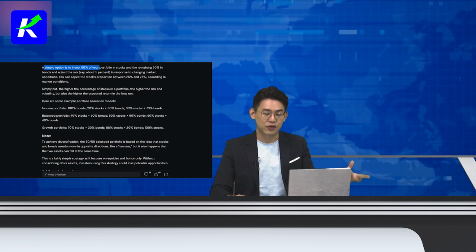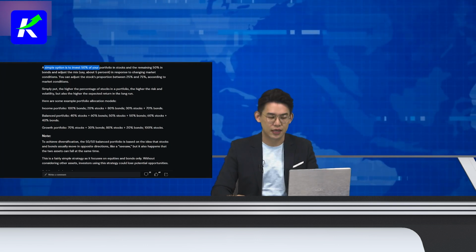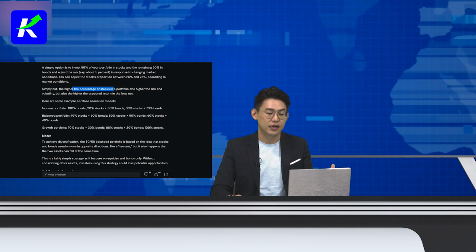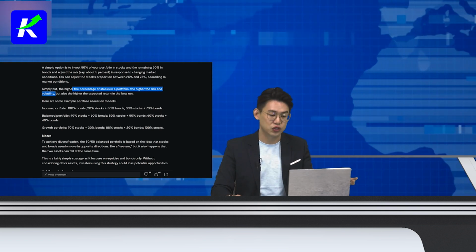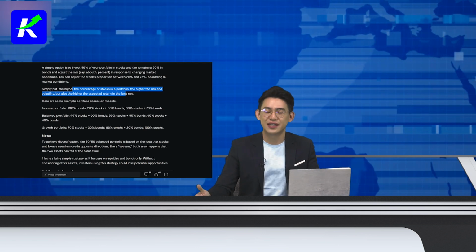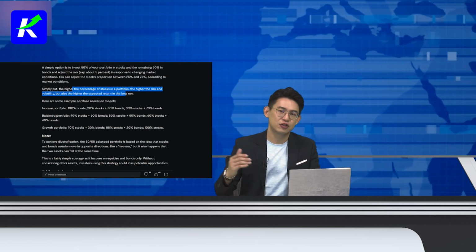Simply put, the higher the percentage of stocks in the portfolio, the higher the risk and volatility, but also the higher the expected return in the long run, because you're taking on higher risk, so you need to expect higher return.